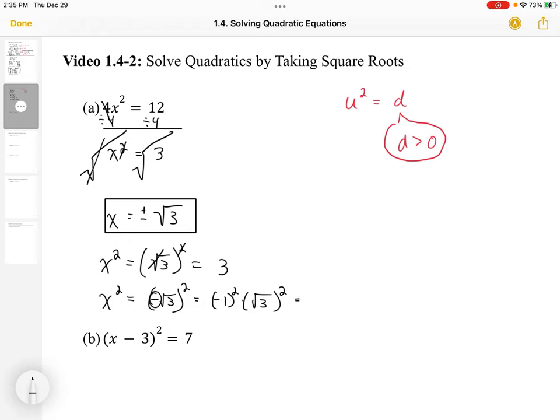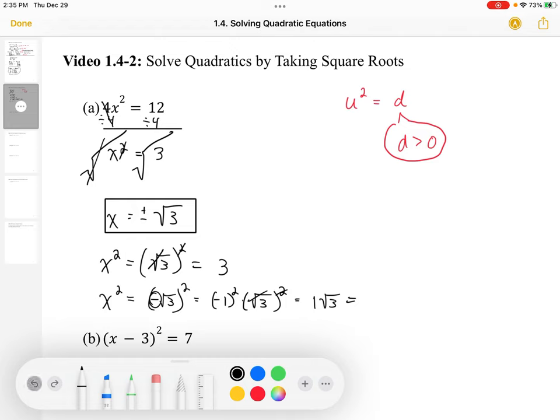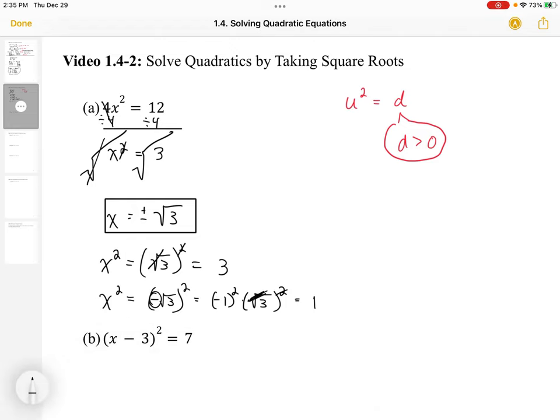Now, when we square negative 1, we're left with positive 1. When we square the square root of 3, we're left with 3. Excuse me, I misspoke there. And 1 times 3 is 3. So you could see in both cases, whether we're squaring positive square root of 3 or negative square root of 3, the result is positive 3.